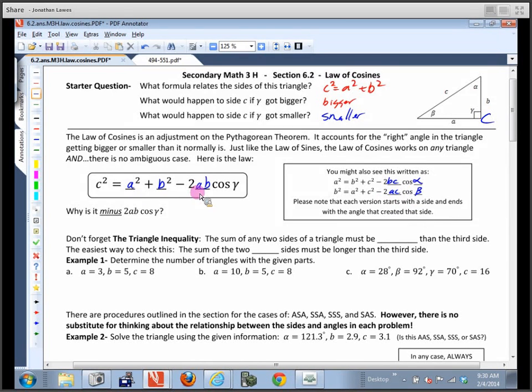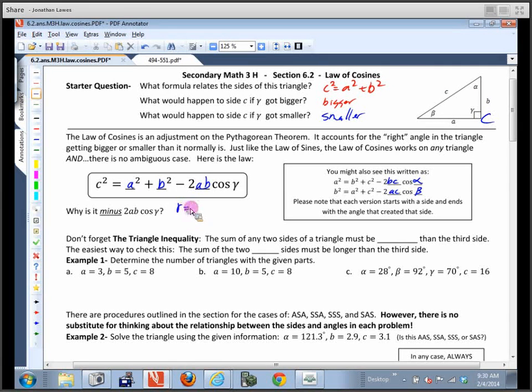So my question for you is, and I think this is enough to understand what's behind the law of cosines, why is it a minus right here rather than a plus? And to figure that out, let's consider, what if gamma was, let me write that a little better.